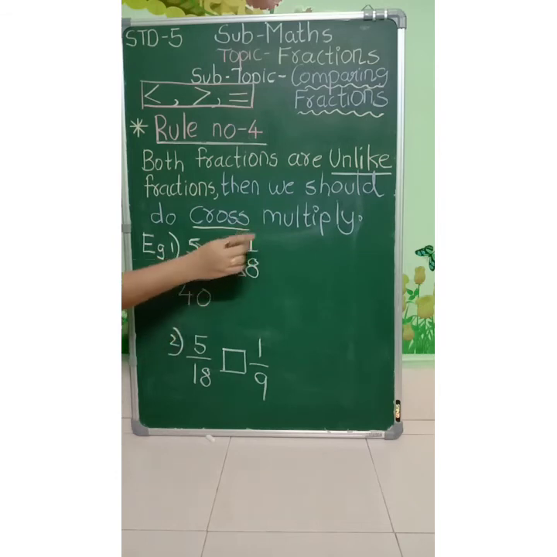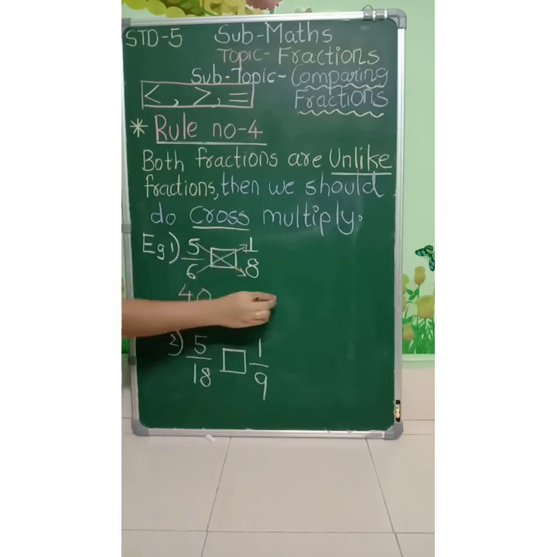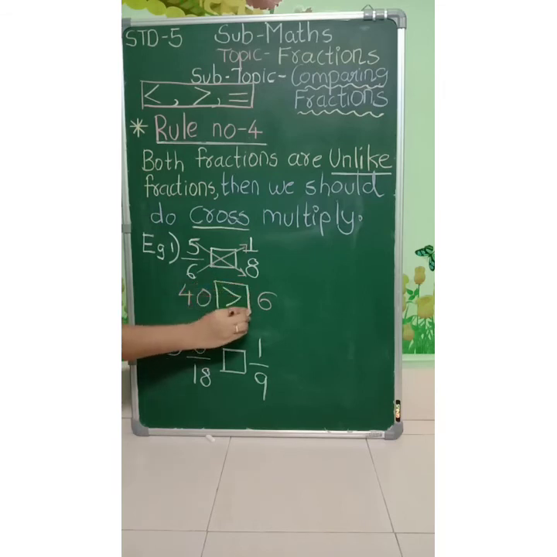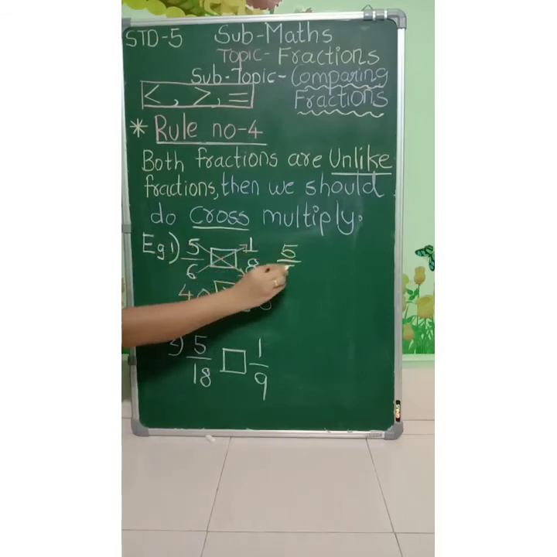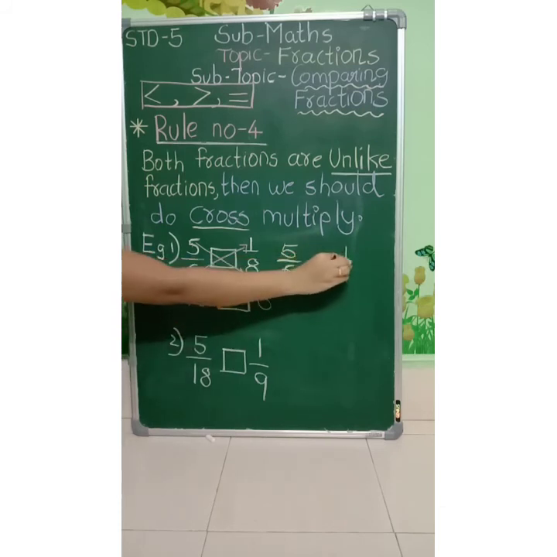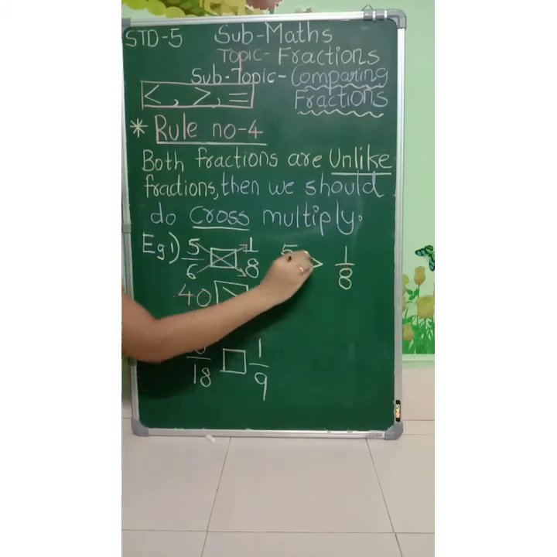And 6 1s are 6. Okay. So is 40 greater or 6 greater? 40 is greater. So 5 upon 6 is greater than 1 upon 8.